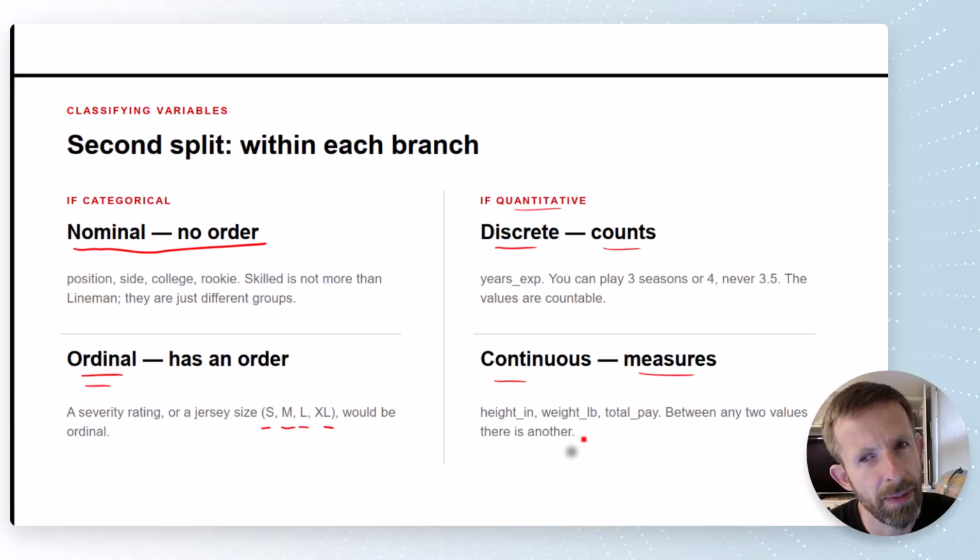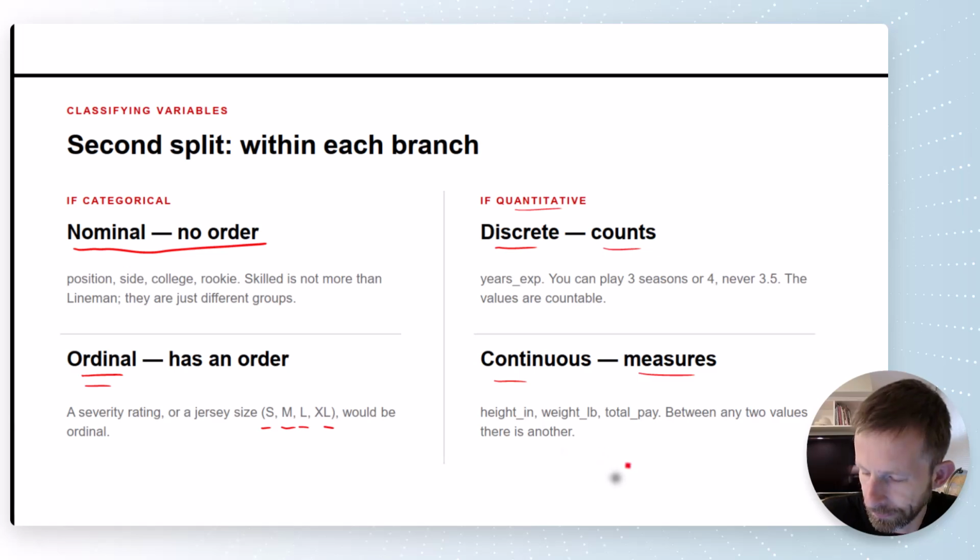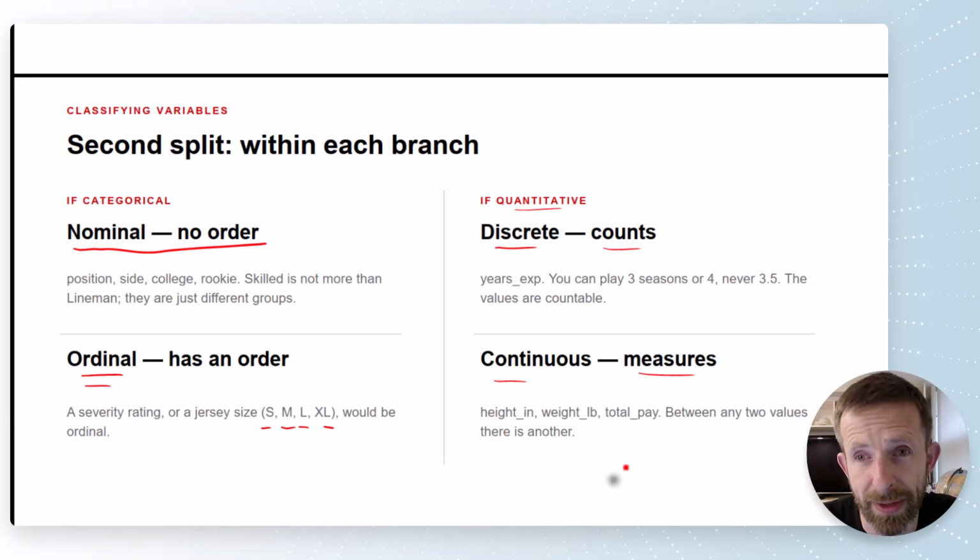So for example, time, there's always another value in between them. Weight is the same way. As opposed to like number of credits that you take at school, 15, 16, 17, 18. Again, you can't take like 14.125 credits, whereas you can weigh 14.125 pounds. Well, not you, but like let's say some animal.